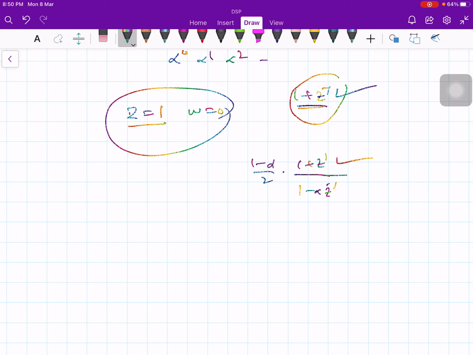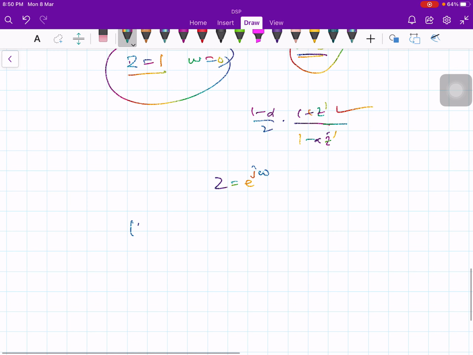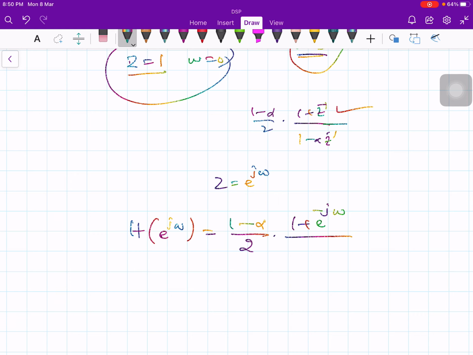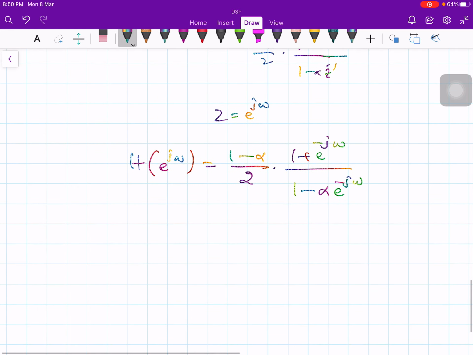If you put z equal to e to the j omega and then find the magnitude response, h of e to the j omega is equal to (1 minus alpha) divided by 2, times 1 plus e to the minus j omega, since it is z inverse, divided by 1 minus alpha times e to the minus j omega. Now use Euler's identity.